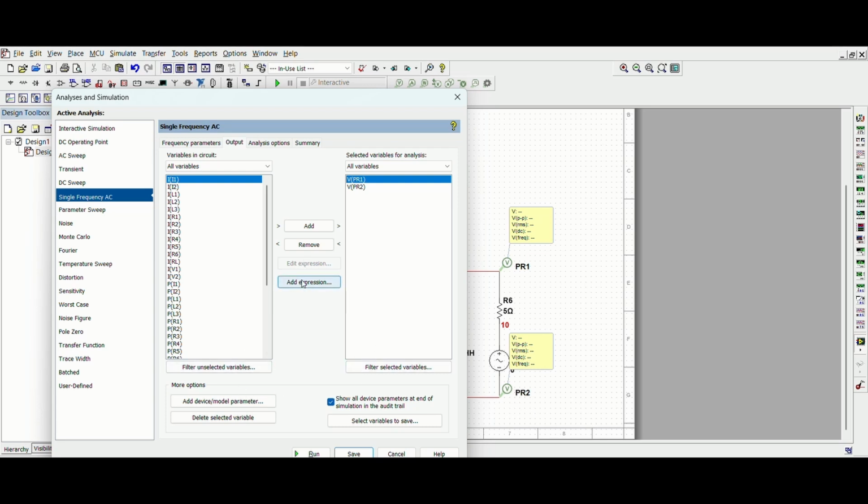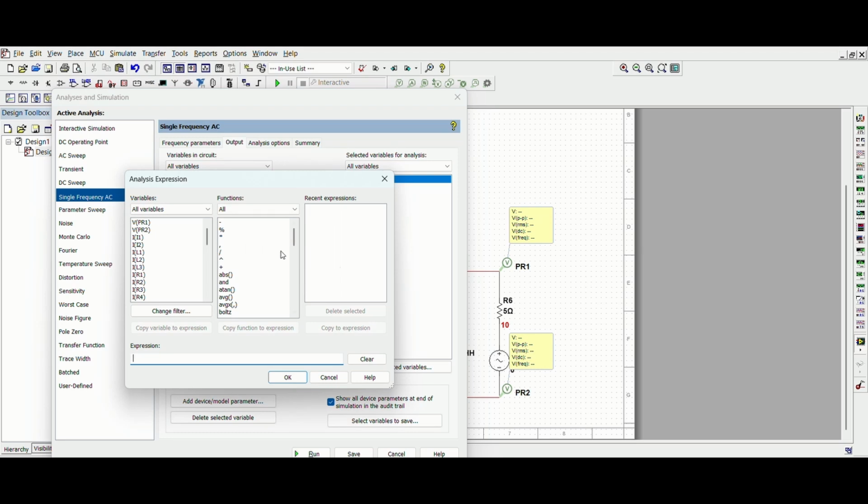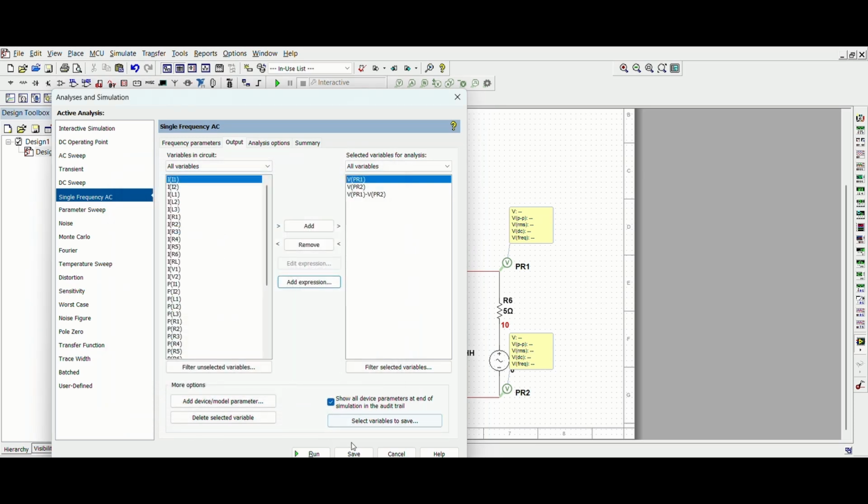Now we add expression. So we need to find the potential difference. So potential difference is voltage at point 1 minus voltage at point 2. So we will add this expression as voltage 1 minus voltage 2 and click on add and save.